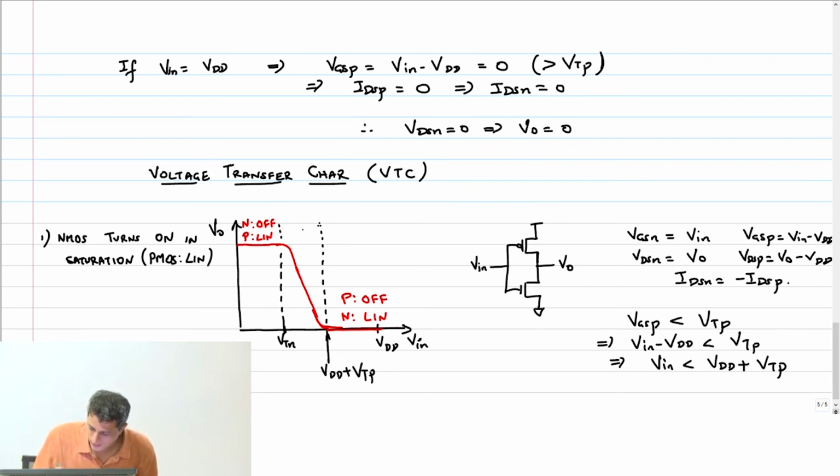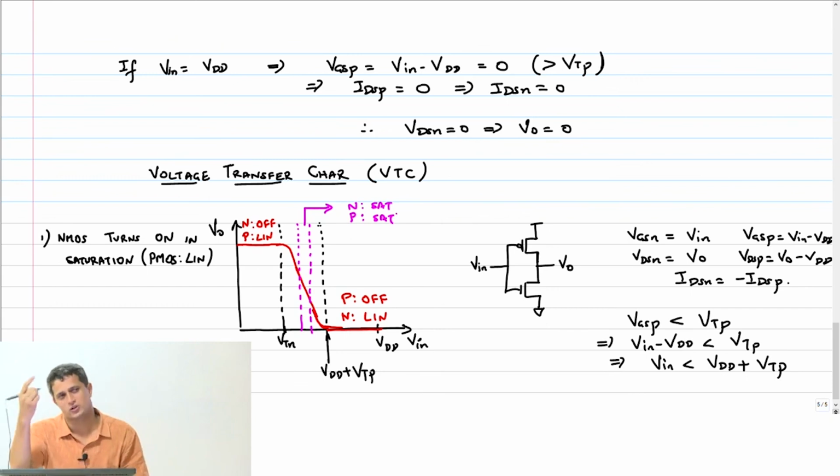Now, like I said, there is one small region where both N and P will be in saturation. Saturation or velocity saturation depends on whether you are talking about a long channel device or a short channel device. The region before that, what will be my NMOS state, PMOS state again?